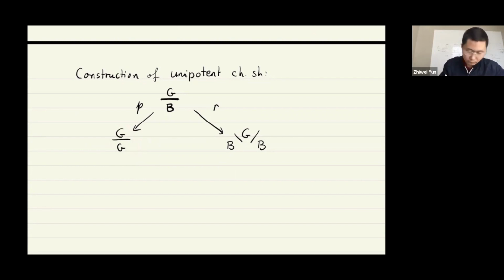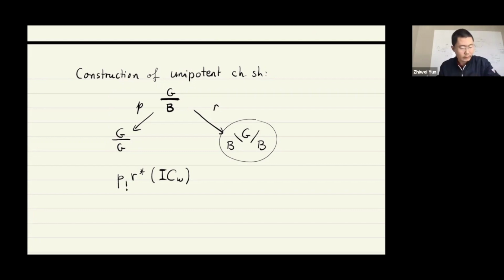So Lusztig defines a character sheaf to be anything you start with here. You can take a simple perverse sheaf supported on the closure of some Schubert cell, and then you pull and push.